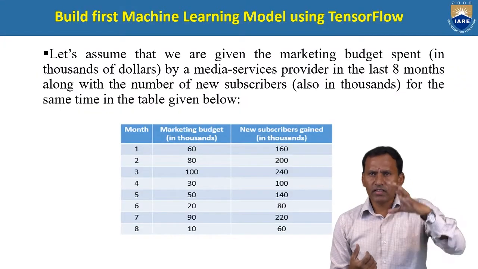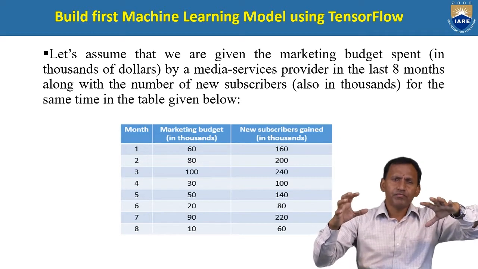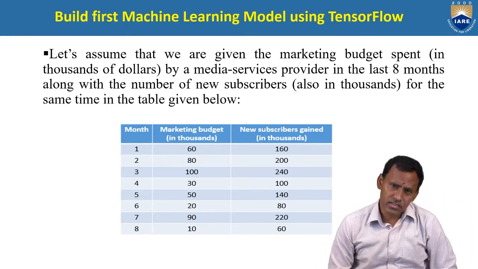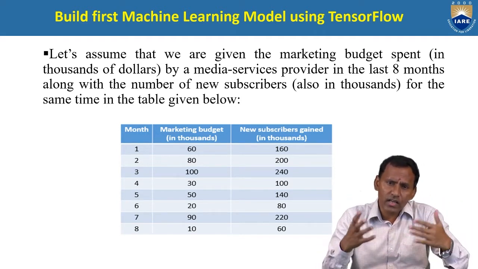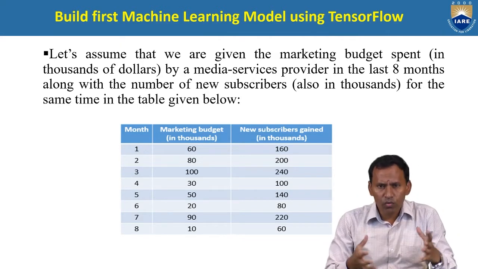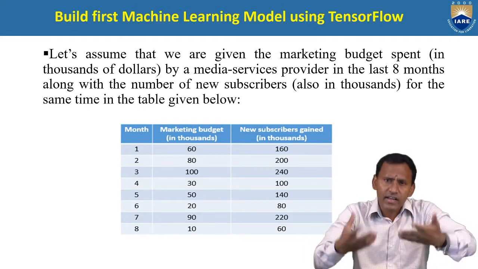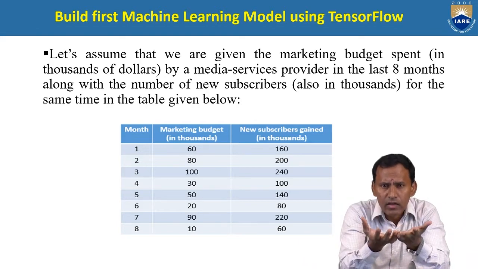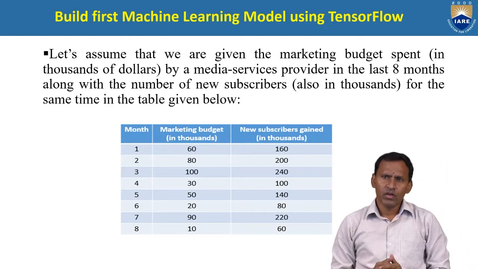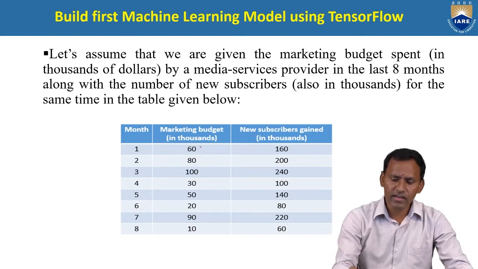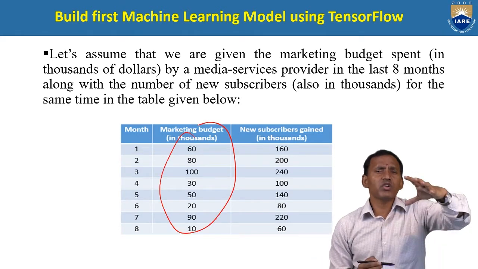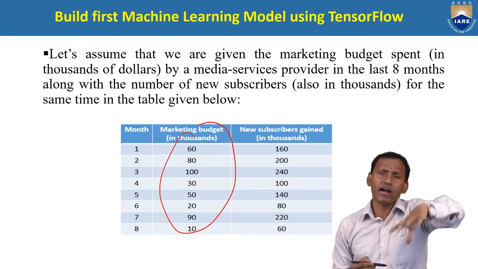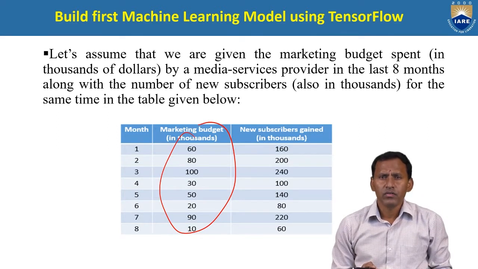Now let us assume that we are given a marketing budget. In order to sell a product, we have to market it. So how much amount are we spending to sell the product? Here this line indicates how much amount we are spending on marketing, right?